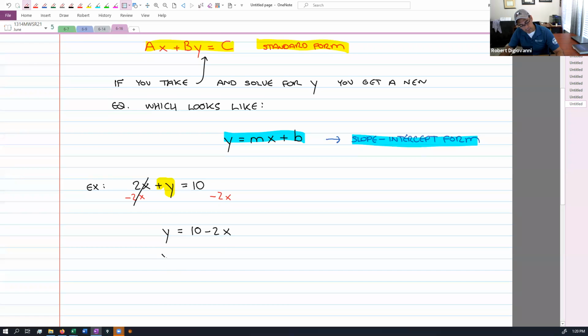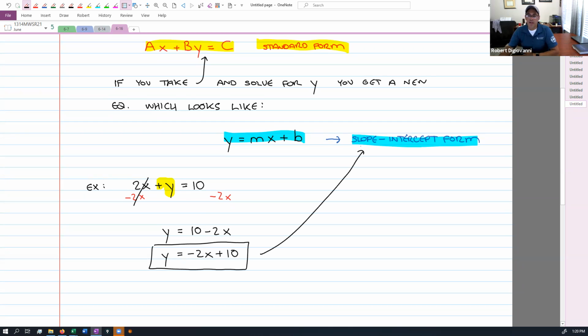So I'm going to just flip the order and make this negative 2x plus 10. This is the slope intercept form of that line. And you should be able to do that for any line as long as it's not vertical. If it's a vertical line, you can't do this, but if it's any other line, you should be able to solve for y.